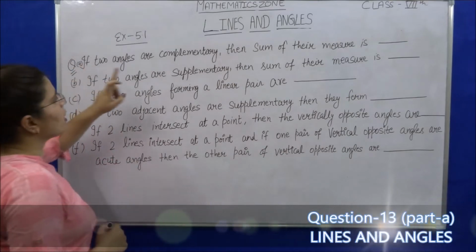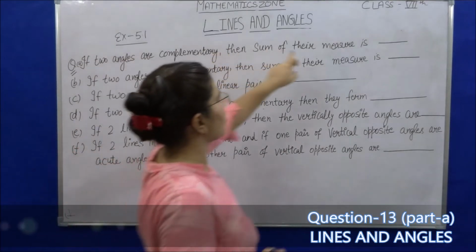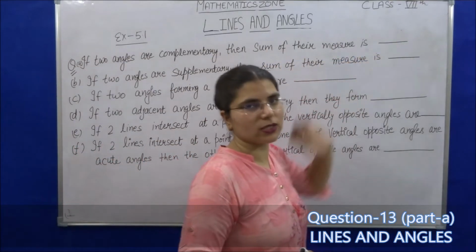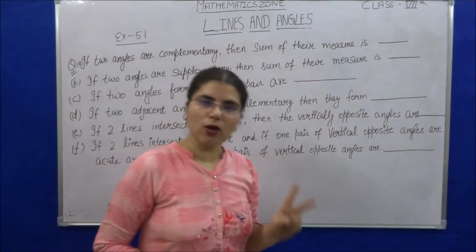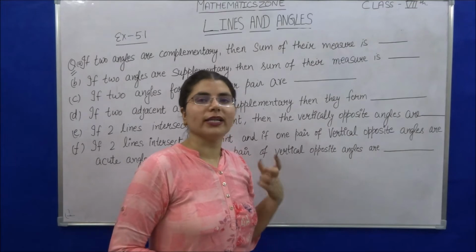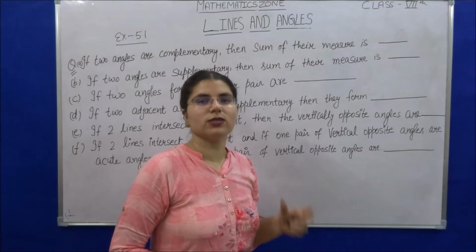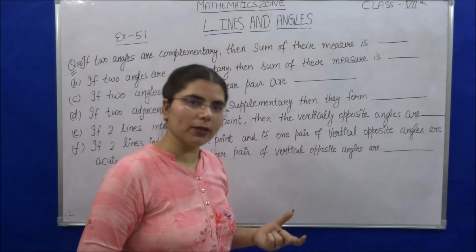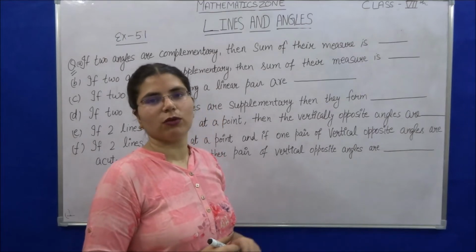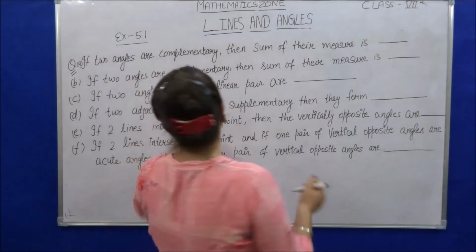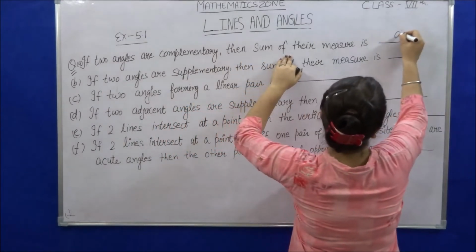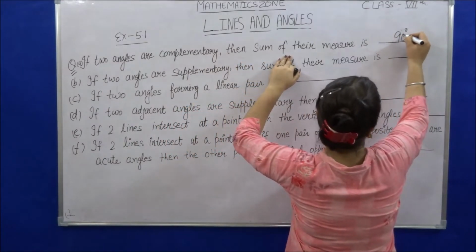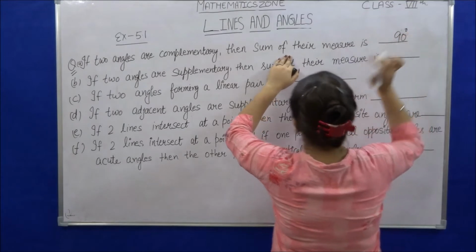That is, if two angles are complementary, then the sum of their measures is dash. Here it is given to us that two angles are complementary. By the definition of complementary angles, two angles are said to be complementary when their sum is equal to 90 degrees. So the sum of their measures is 90 degrees.